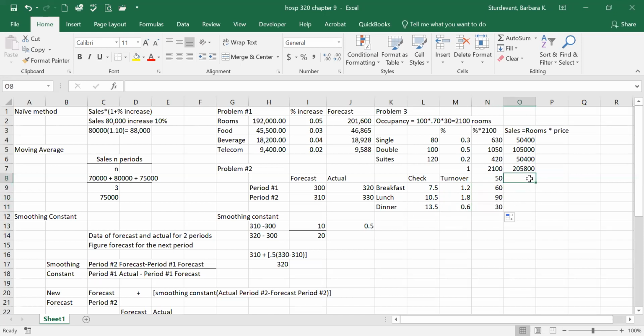Okay, so that's per one day. There are 30 days in April. So now we would take that and multiply by the 30 days. And it's 30 days because it's April.